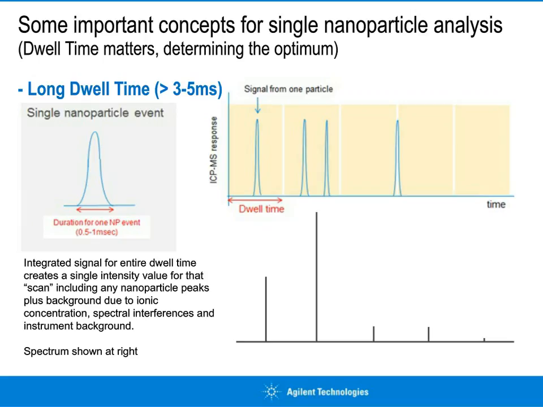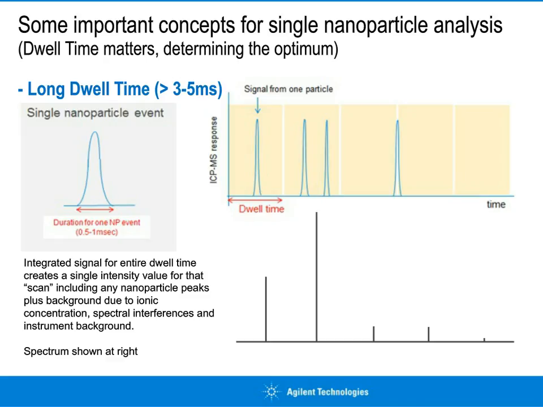And so on the left in the gray box, I'm showing a single nanoparticle event, the time it takes for the ions from a nanoparticle to elute from the plasma. Generally, that's around 0.5 to 1 milliseconds in duration, and that's relatively constant.